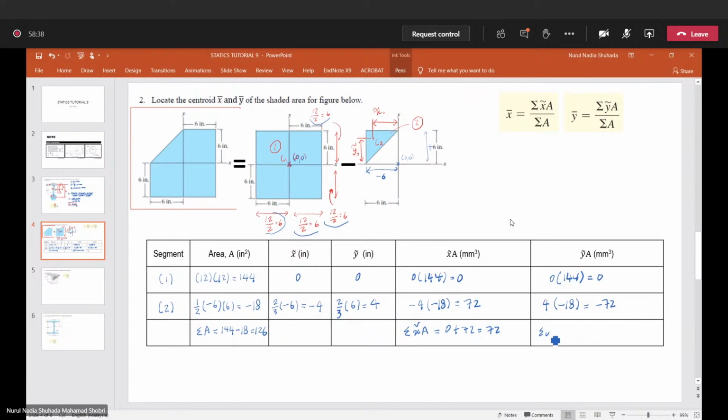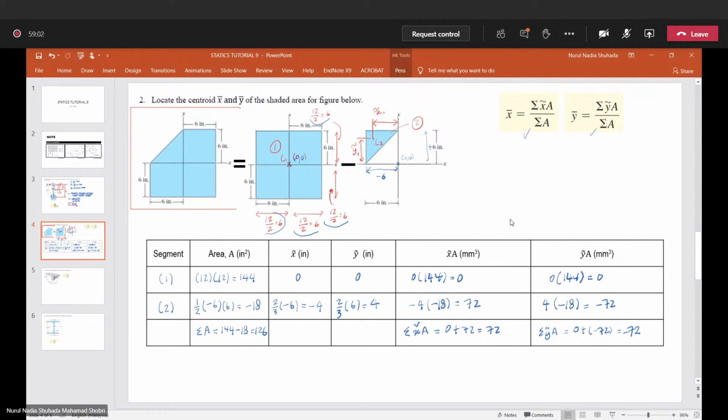So the sum of this would be -72. Okay, so now we have filled in all the values in the table, so we can directly calculate using the formula given here.